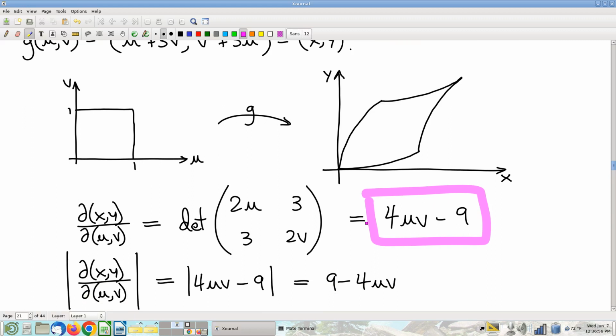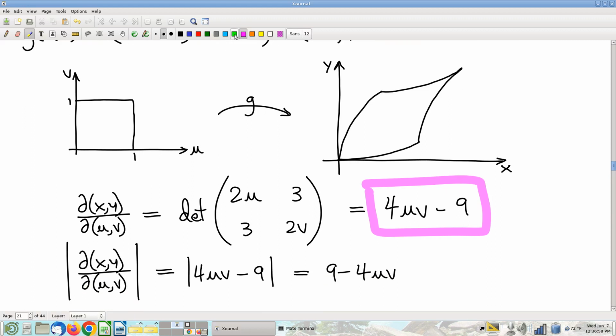Now, of course, the issue here, the sticky wicket, is that we need to take the absolute value of this Jacobian determinant, the determinant of the derivative matrix. Is this thing positive or negative? Nasty question. Very concerning.